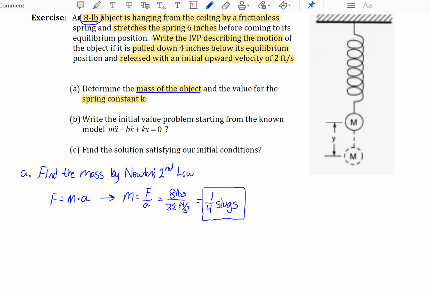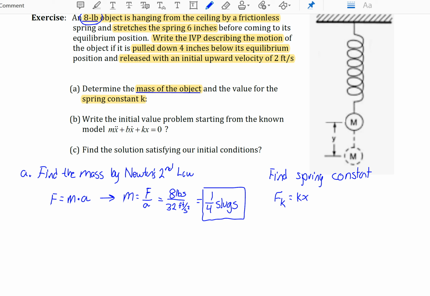Okay. We also have to find our spring constant. So remember, the restoring force of a spring is proportional to the amount you stretch the spring.